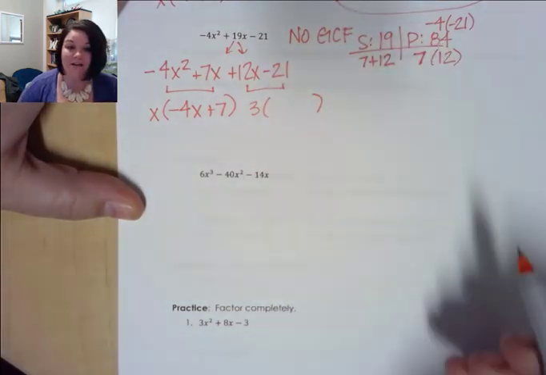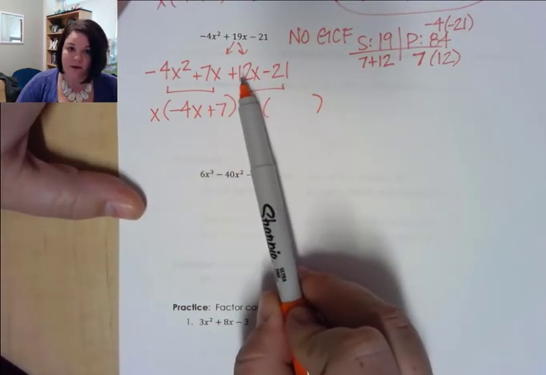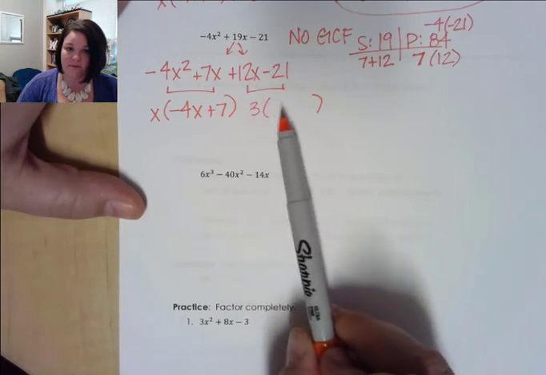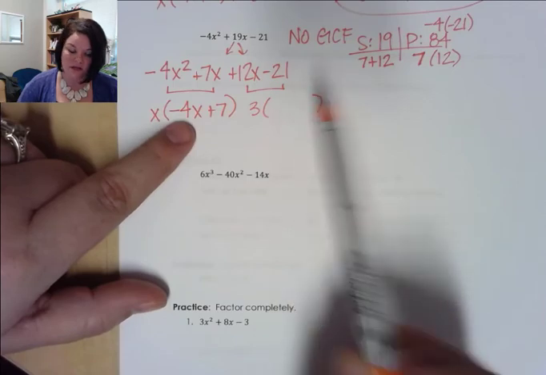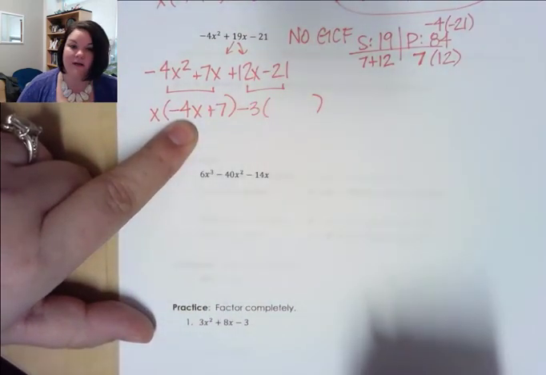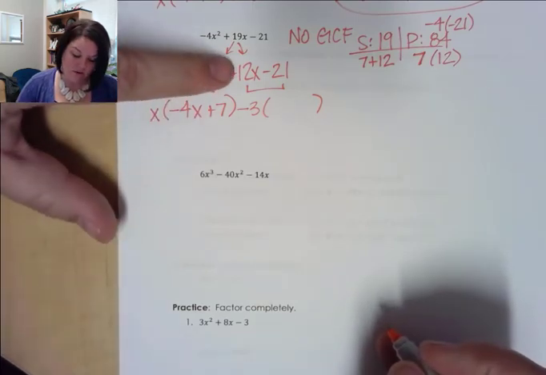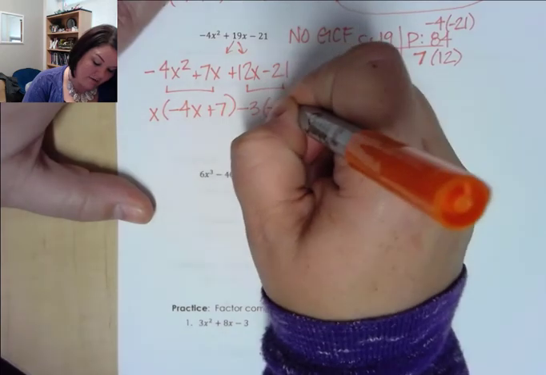important to know what kind of 3. Right now I have a positive term, and if I divide a positive by a positive 3, I'll be left with a positive. And notice, I really want my leftovers to match this one. So I want to be left with a negative here, so I'm going to take out a negative 3 instead. That way when I do 12x divided by negative 3, I'll be left with negative 4x.